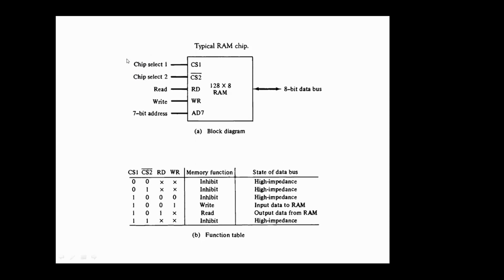For that, the CPU will use chip select 1 and chip select 2. In some chips, there may be only one chip select, it may be two or even more. The purpose of chip select is to select that block, that RAM chip. If there are many RAM chips, the CPU has to select any one. So to select that one RAM chip, it uses this chip select.